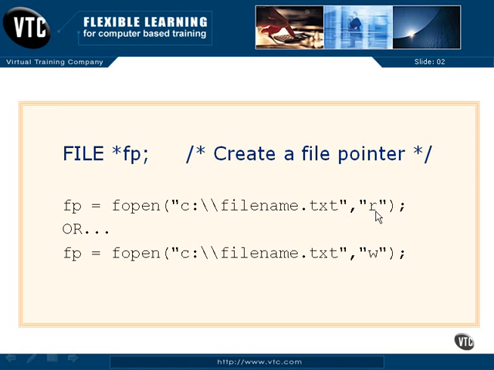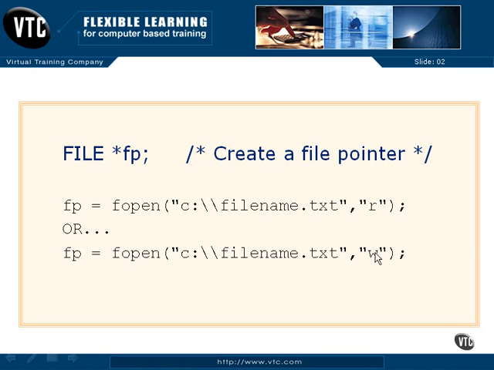If we did it for write, we could have it create the file, and that's a w down there you see in the next line. That creates for write. But if we try to read this file, it will return a file pointer to fp. If fopen returns a NULL to fp, so fp is set to NULL after this call, then it did not work. And you'll see that when we do some error checking on opening files for reading and writing. I always check to see if fp is NULL, and if it is, we have a problem.